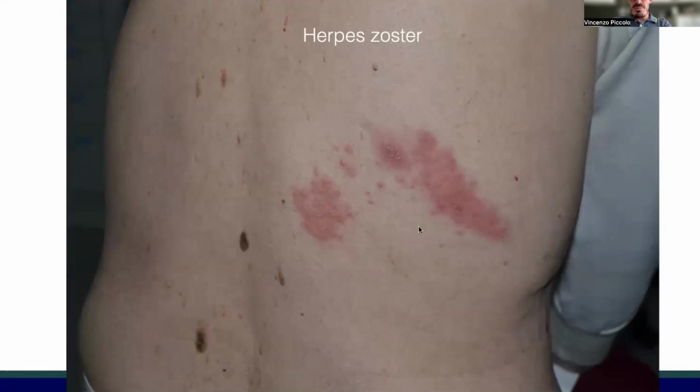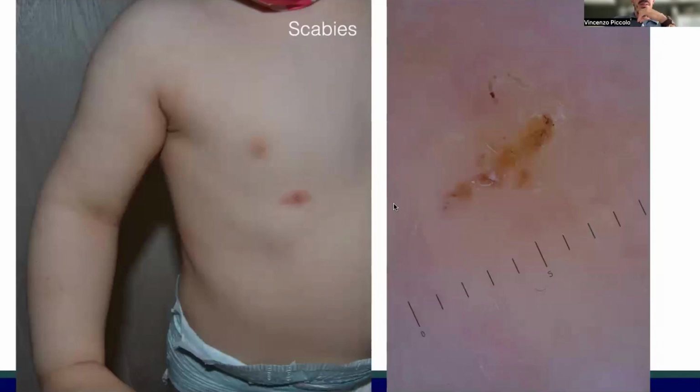The diagnosis should be very fast in this patient because of the risk of postherpetic neuritis that sometimes follows this condition when it's not promptly recognized and treated.